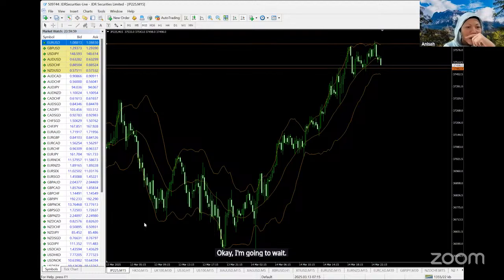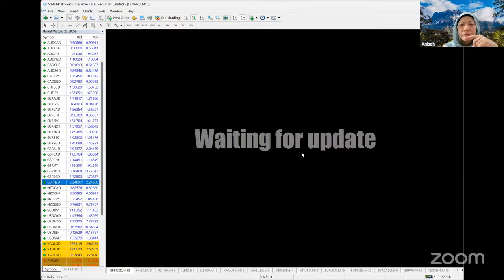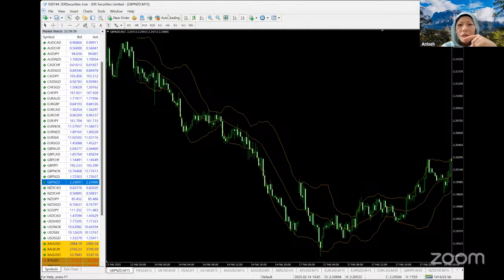Okay, now let's look at pound to kiwi. This is pound to kiwi on 15-minute charts.